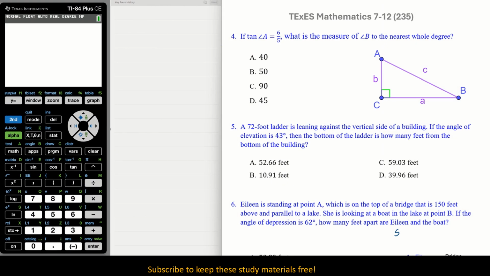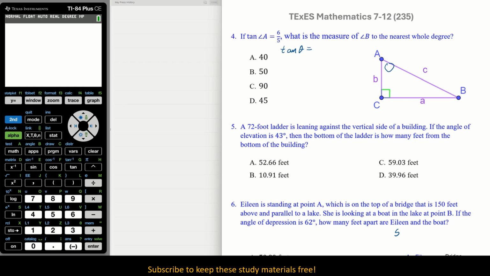Okay, number 4. If tangent angle A equals 6 over 5, what is the measure of angle B to the nearest whole degree? Okay, so this is what we need to look at. We know that tangent theta of any angle equals the, okay, which A?